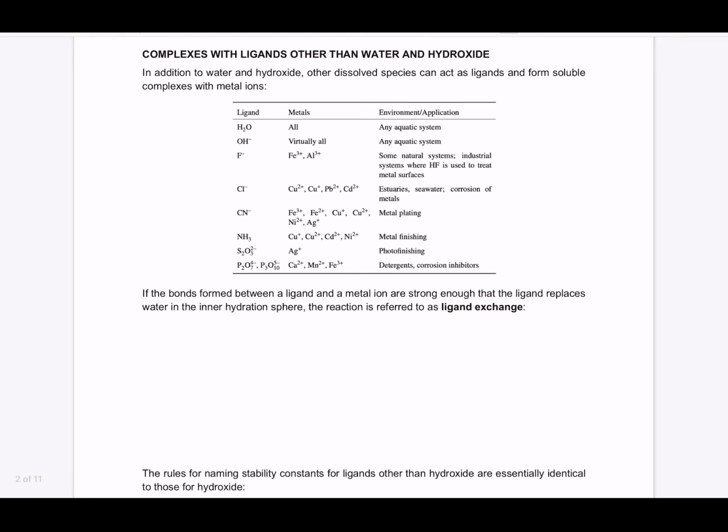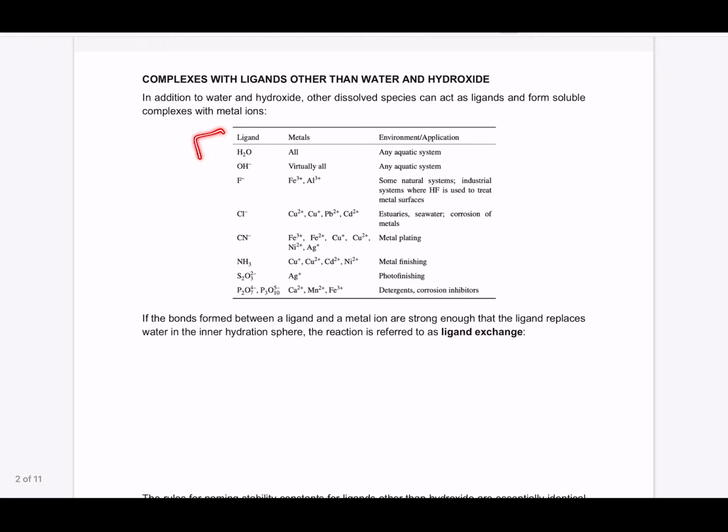So as I mentioned, complexation can happen not just by water and hydroxide, but also by other ligands. Some of them are more specific, and some of them are a little bit more comprehensive. As I mentioned, hydroxide and water are basically for pretty much all kinds of metal.